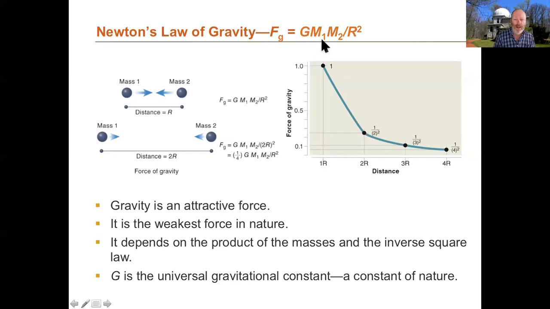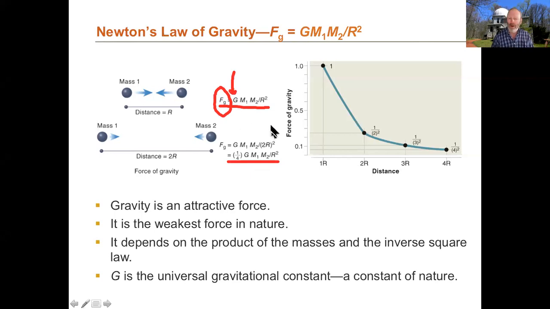I want to annotate a couple of things here, so forgive me if I'm sort of pausing for a moment. Notice this equation here. This is the force equation that's happening. This Fg here just means the force of gravity, so don't let it scare you. This G here is called the gravitational constant.